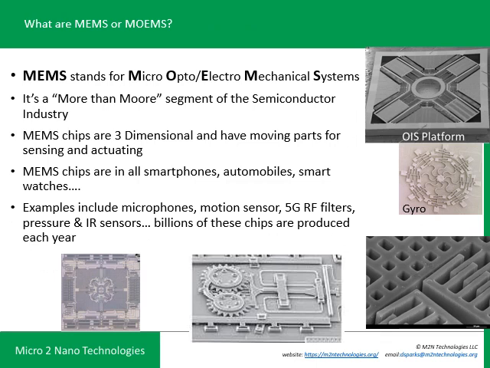So what are MEMS, or what are MOEMS? MEMS stands for micro optical or electromechanical systems. It's a subset of the semiconductor industry. There are three-dimensional moving parts. There can be cavities, diaphragms, cantilevers, etc. They're used in microphones, motion sensors, RF filters.